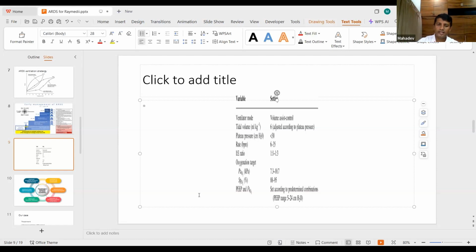So that is the target. Our saturation target is around 88 to 92, or 94 you can accept, and PEEP according to the plateau pressures and the oxygenation, we can titrate accordingly. And don't be in a hurry to keep on changing the ventilator parameters.